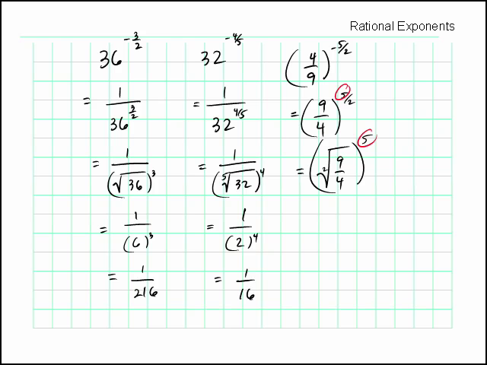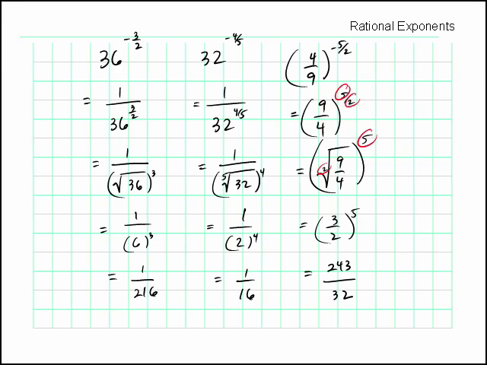Okay, the 5 is here, and the 2 is right there, the index. Now the square root of 9 over 4 is 3 over 2. And then we raise that to the 5th power, and that gives us 3 to the 5th, 243, over 2 to the 5th, 32. Good.